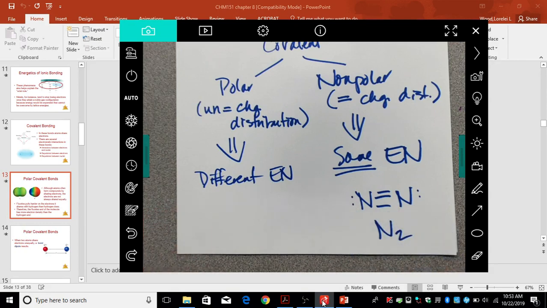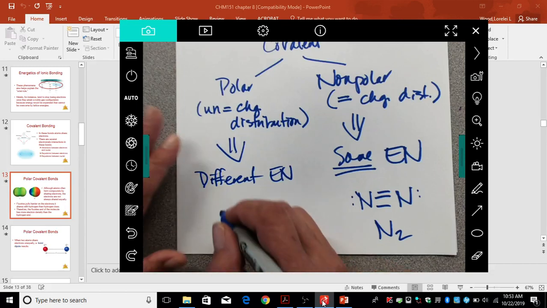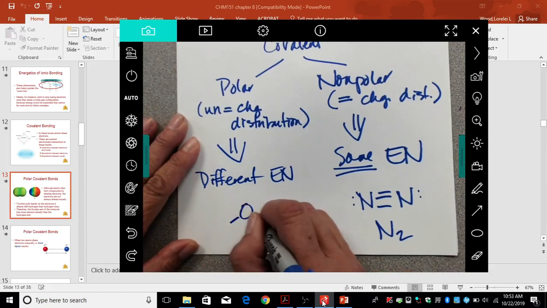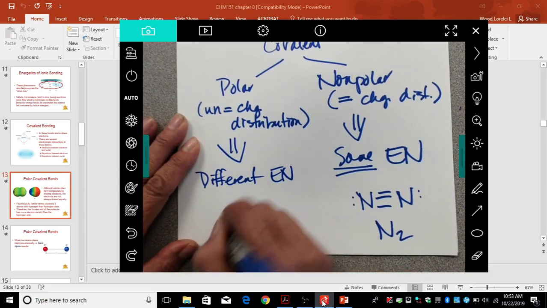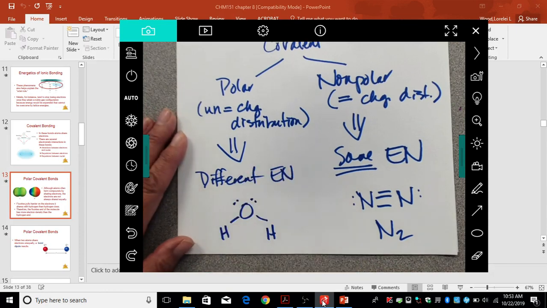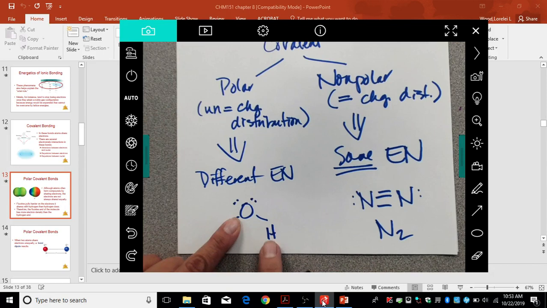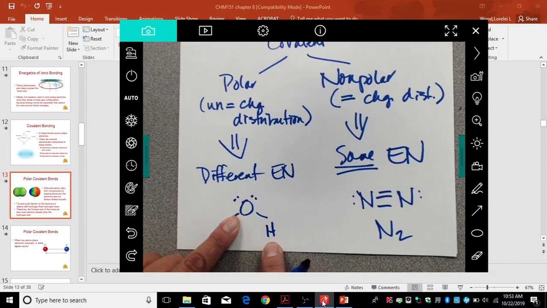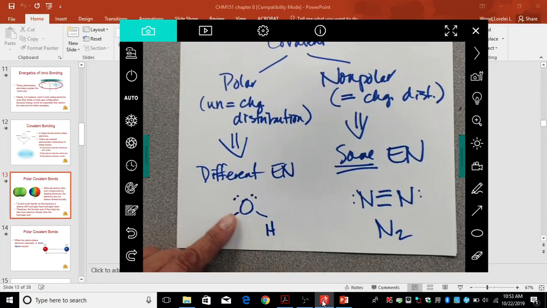Conversely, if we look at something like water, right? Water looks like this. We've got 2 non-bonded pairs of electrons here and then 2 bonded pairs. The bond that exists between oxygen and hydrogen, who is more electronegative between oxygen and hydrogen? Oxygen is way more electronegative.